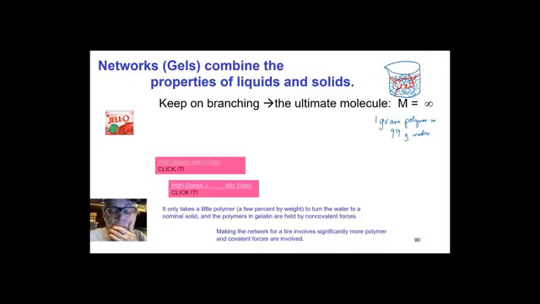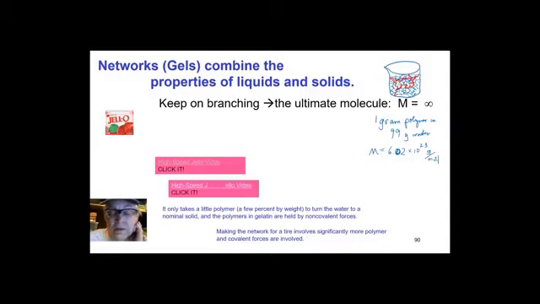But it's 1 gram of polymer, and it's one molecule. So that means its molecular weight is 6.02 times 10 to the 23 grams per mole.